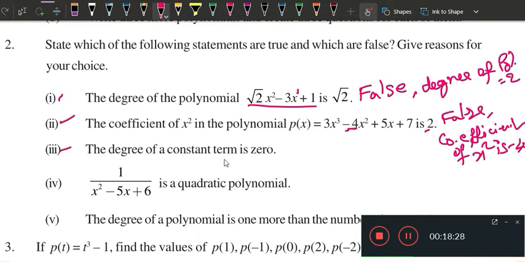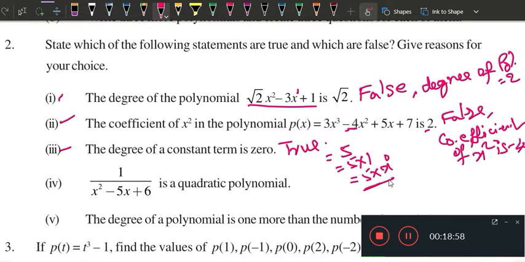Next, third question. The degree of the constant term is 0. Always the degree of the constant term is 0. It is true because suppose 5 is there. 5 is also one polynomial because 5 means 5 into 1, and 5 into 1 means 5 into x power 0.